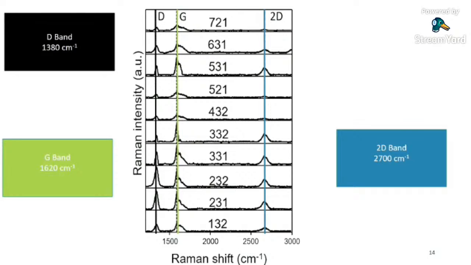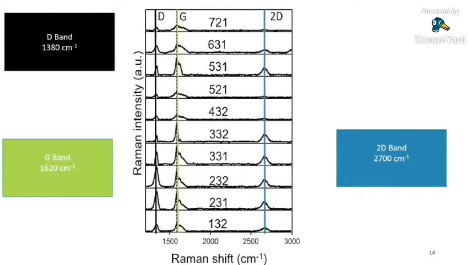So in this case, for sonication, the detergents with the best performance were 531 and 231.